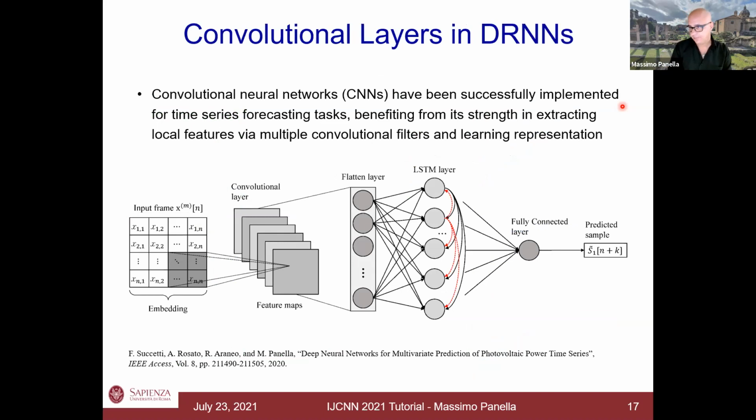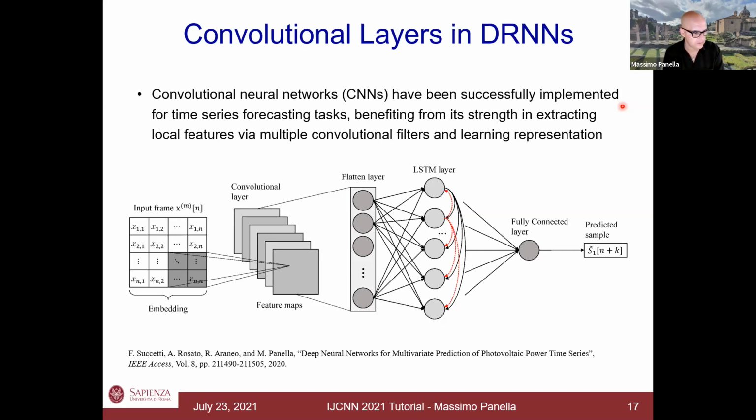The next step towards randomization in this case is based on the use of convolutional layers in addition to recurrent layers. Convolutional layers are feed-forward layers, okay, not recurrent layers, but they can be used to filter the time series. In general, filtering of time series means that we can abstract some useful feature representing the time series, okay, in a univariate approach.